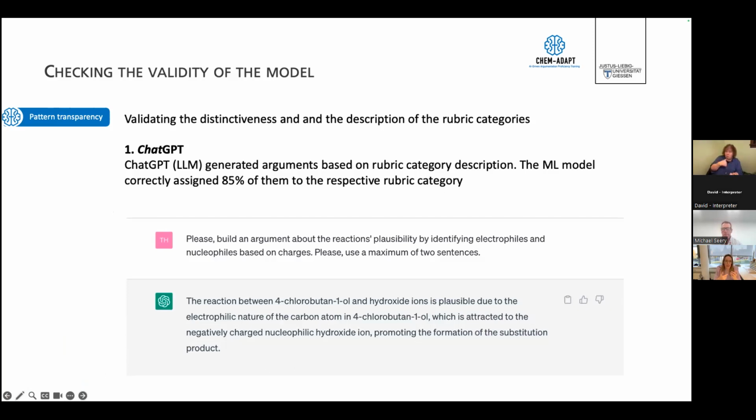And we used these arguments to check if the accuracy of our machine learning model would still be in a good range. So this diversifies the model a little bit and helps to check if the model also works with different sorts of data and different ways of how arguments are phrased.